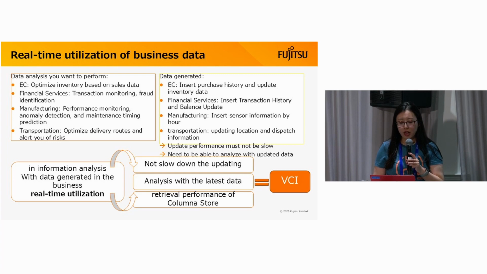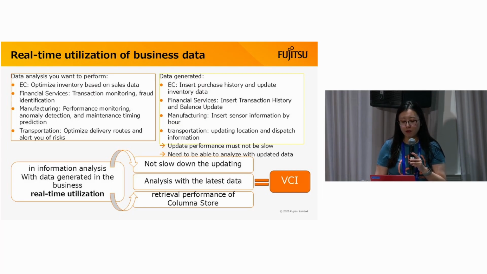On the first slide of this presentation, I introduced some examples of using business data such as EC sites and manufacturing industries. These business data are constantly occurring. For example, on an EC site, purchase history and balance updates are constantly inserted.